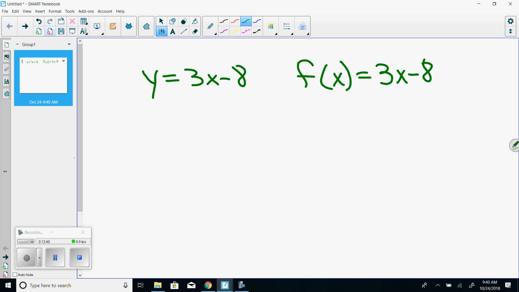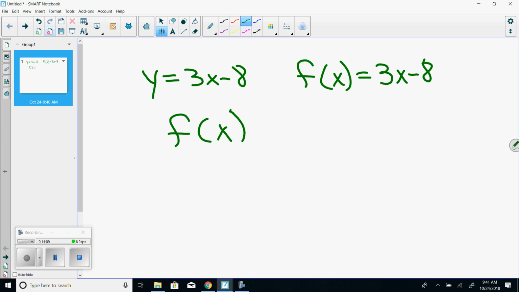Okay? So basically, y is dependent on what x is. You're going to get a different y for every x. That's what this is saying. Y is a function of x. Whatever x is going to determine what y is. It's dependent on what x is. Okay? So, you will get something like this.